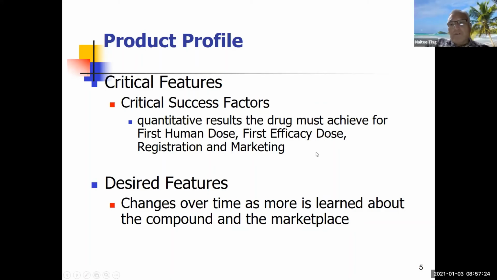And desired features change over time as more is learned about this compound and marketplace, so it's more about marketability. All right, so a target product profile has to serve both purposes, approvable and marketable.